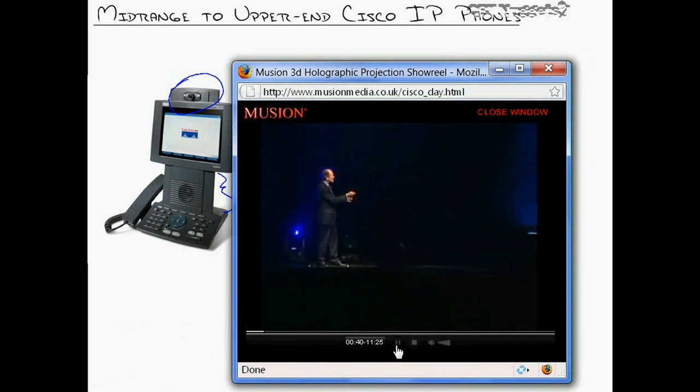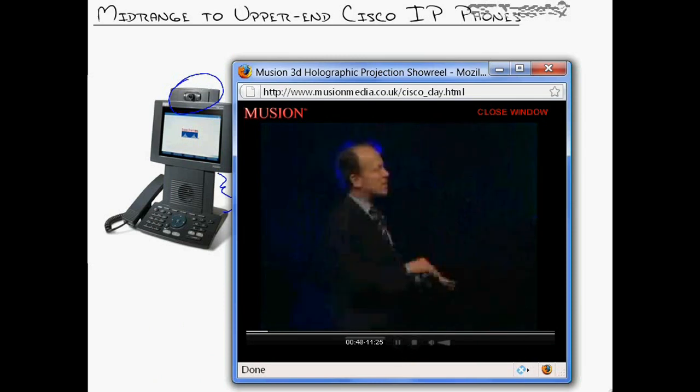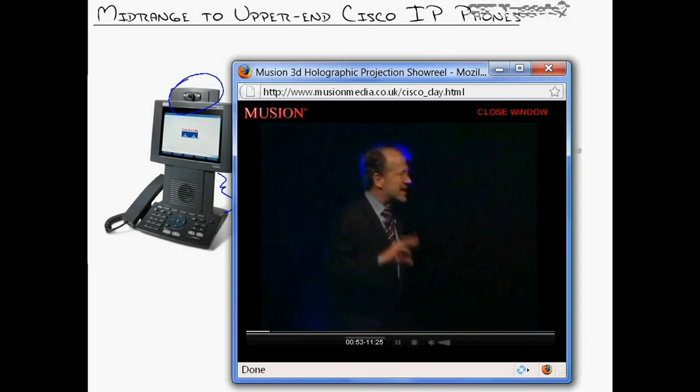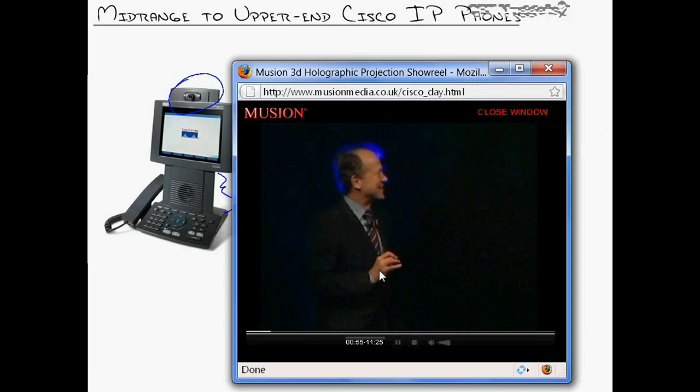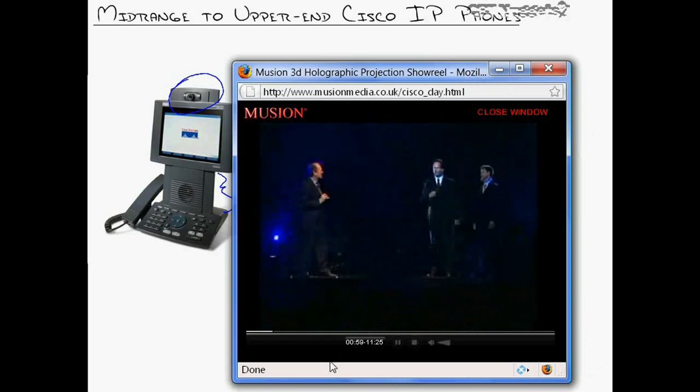I know you can't hear it, but he's actually talking to, you see that? That's holograms. Holograms! People are walking onto the stage that aren't really there, and they are actually demonstrating Musion's new hologram system, to where you can actually communicate with people and see them as if they're really there.